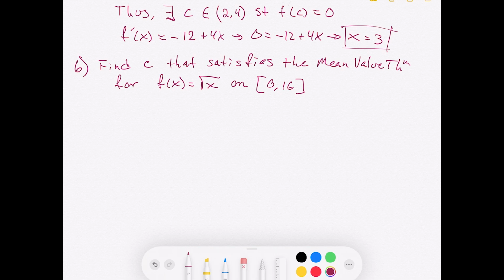Thankfully, because we've made it this far in our study of mathematics, or if you are requested to go back and prove it, we do know that the square root function is continuous on the closed interval.